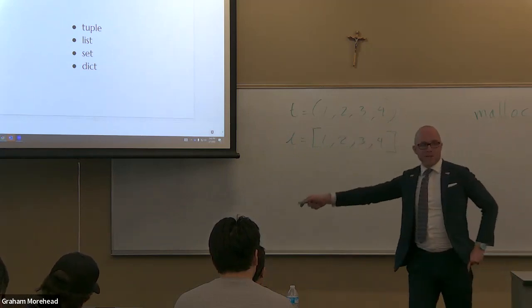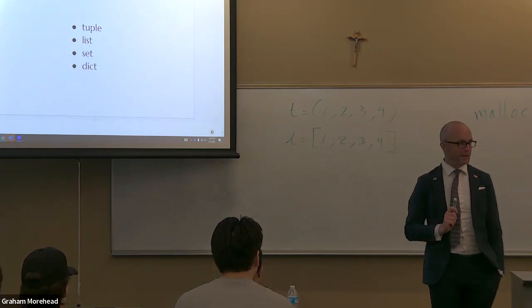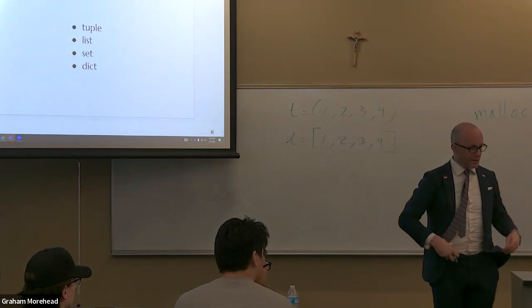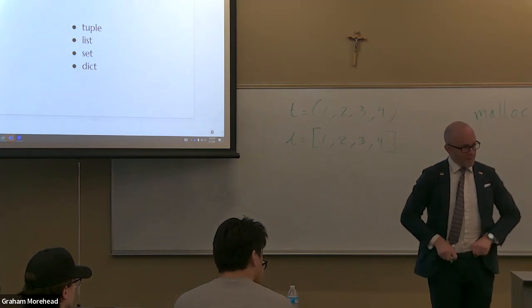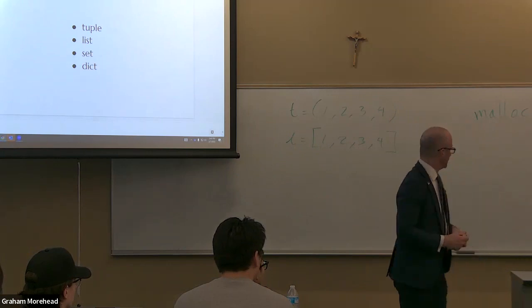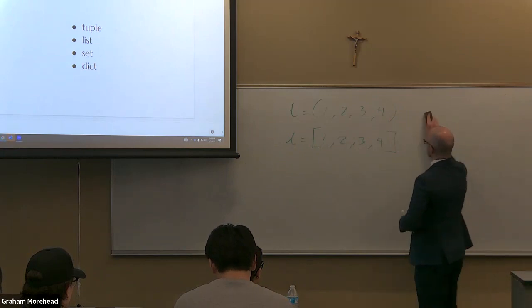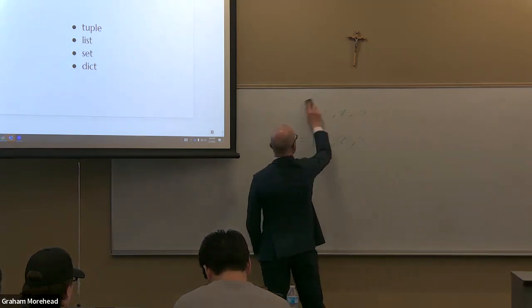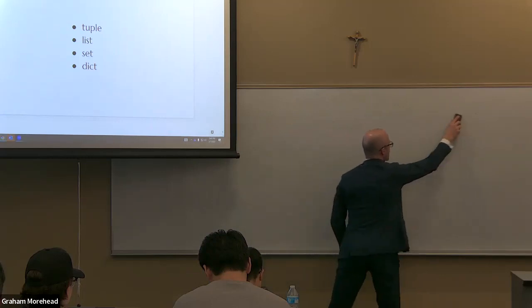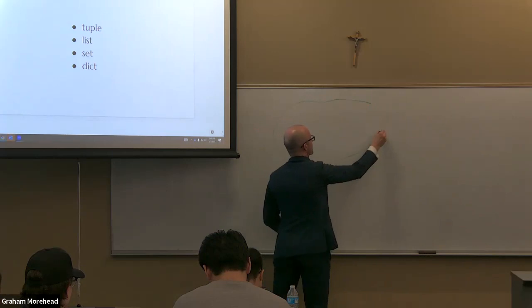In mathematics, there's something called a set. What is it? So a set would be sort of a list of values, but the order doesn't matter at all. It's like a domain. So you can think of it as just a bag of things.